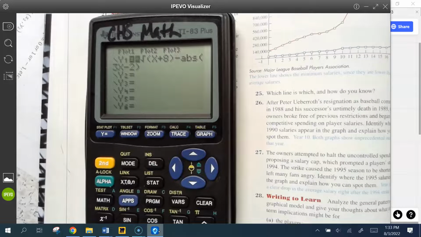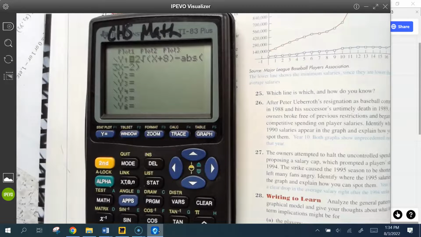Yours look like this? Make sure your plots are off before you try to graph it. Right here.